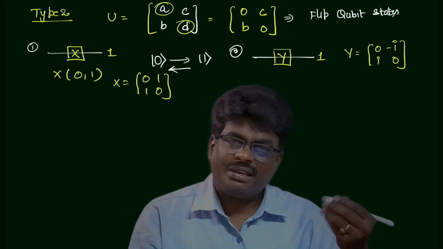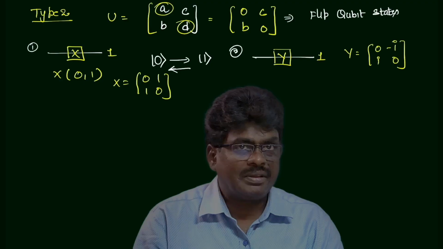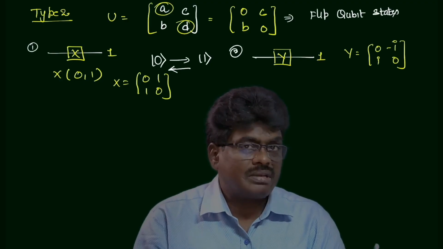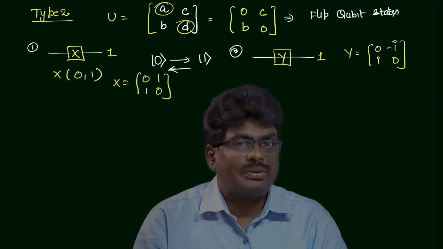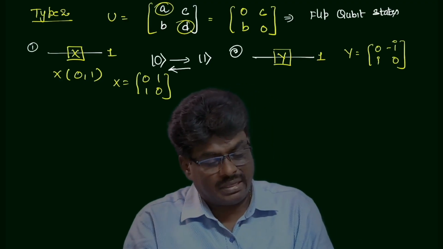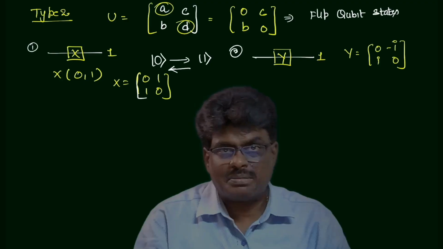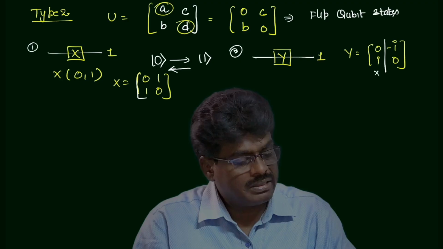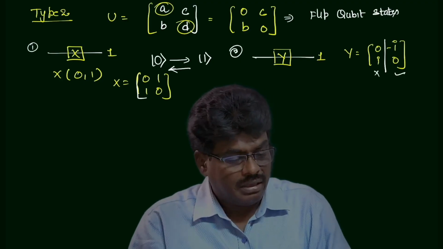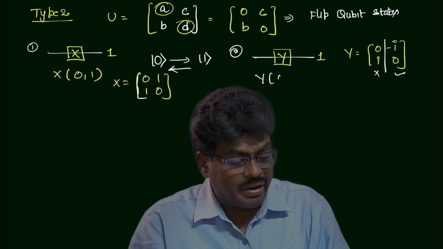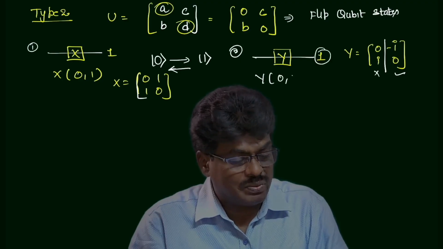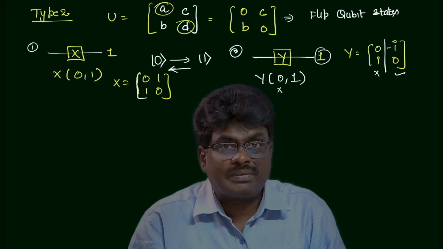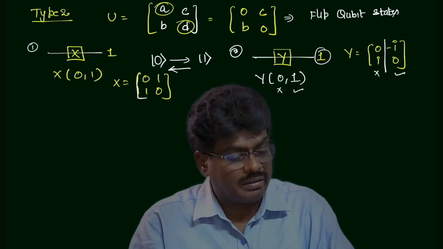Observe carefully, this is also type 2, because one amplitude is 0, it is flipping the quantum state. This is off and this is on. Now the operation is represented by Y of 0 comma target. Here target is 1. Now 0 stands for off, 1 stands for on.